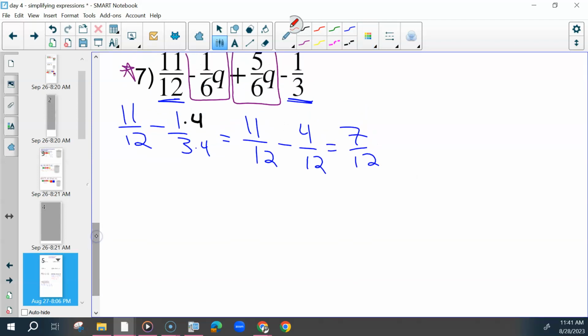Right, and then we're going to do the same thing for -1/6 and 5/6. Now, in this case, the denominator is already the same, so we just have to add our numerators to get 4 over 6. But in this case, if you can simplify or reduce, always do that.